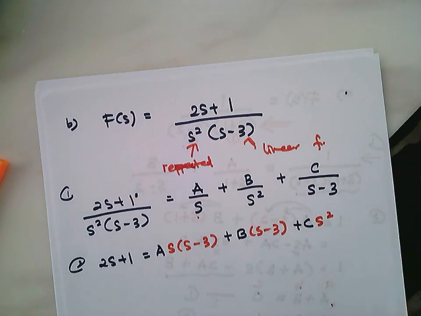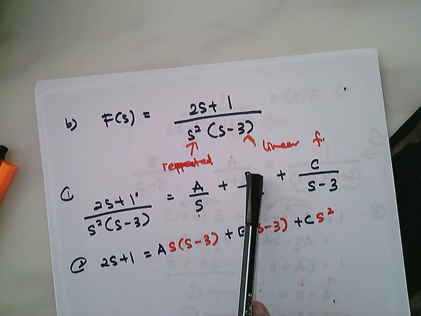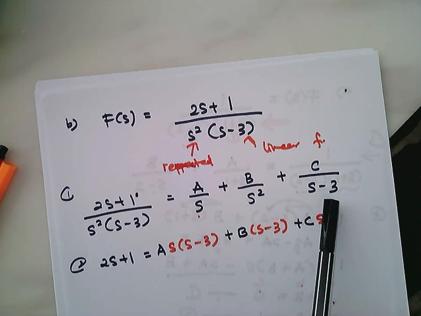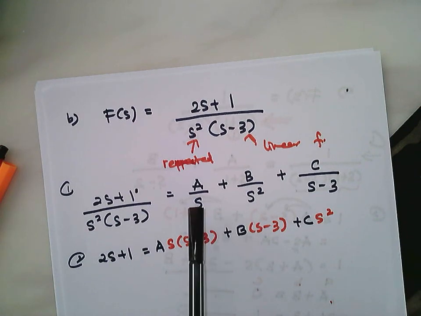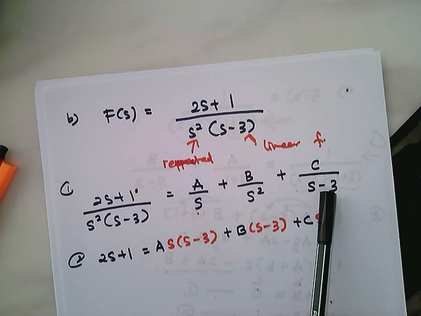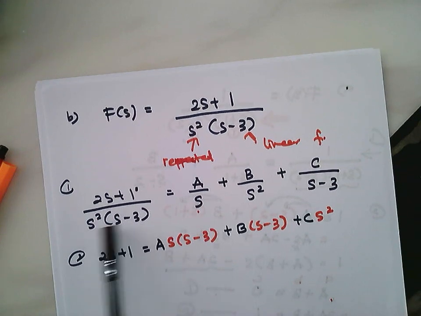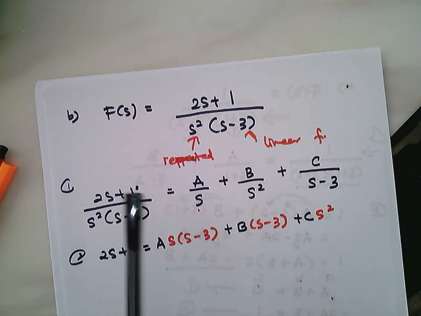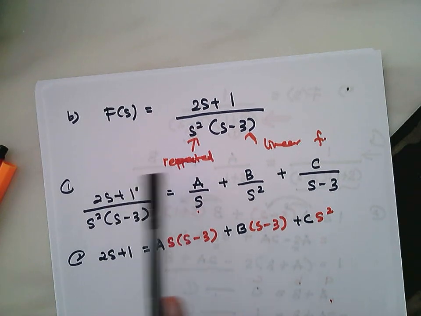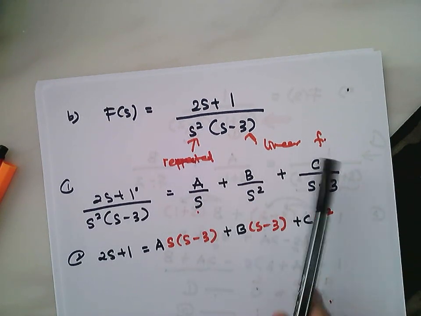Remember, this one you cannot use cross multiply. That is wrong, this one multiplied by this one and this one. You need to make sure that the denominator of this one and this one is equal to this one. Then only you can compare the left hand side with the right hand side function.